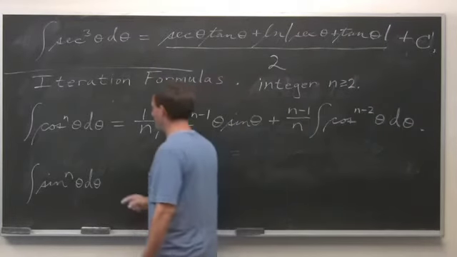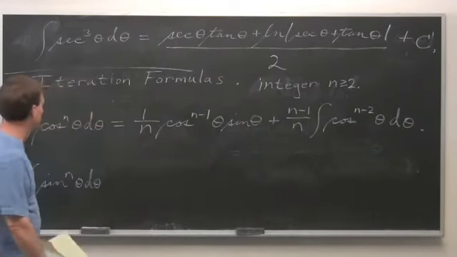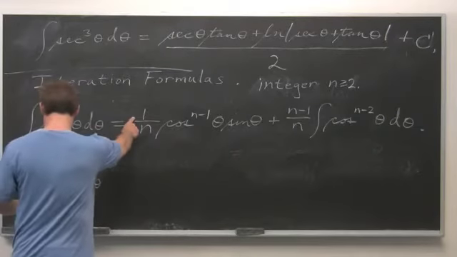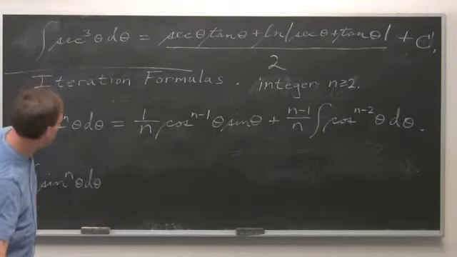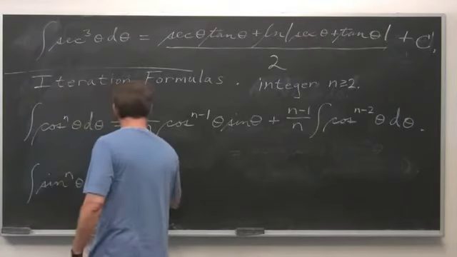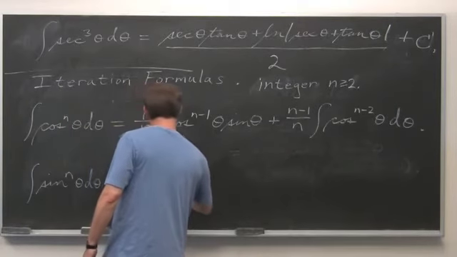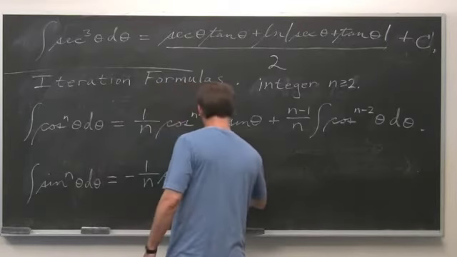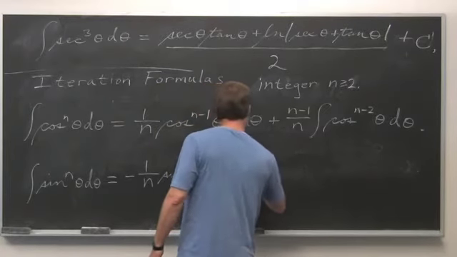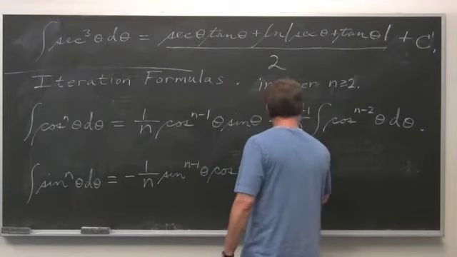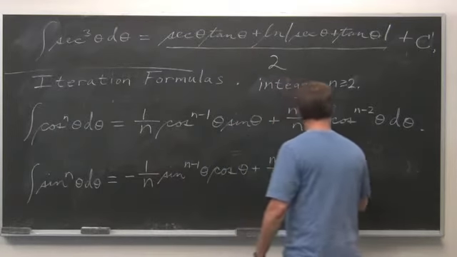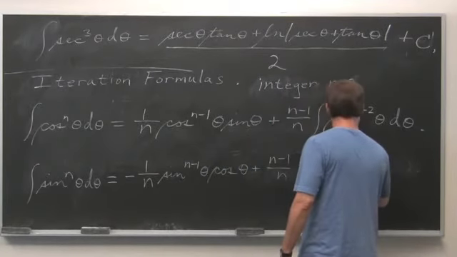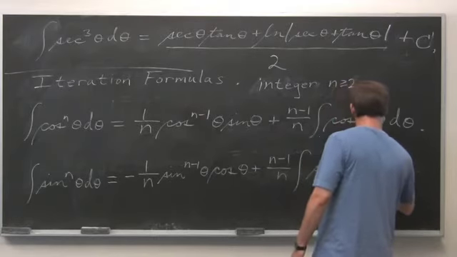And then the one for sine, it looks like you just switch all the sines and cosines every place except you have an extra minus sign out in front here. So it's a minus 1 over n, sine to the n minus 1 theta, cosine theta, plus n minus 1 over n times the integral of sine to the n minus 2 theta d theta.